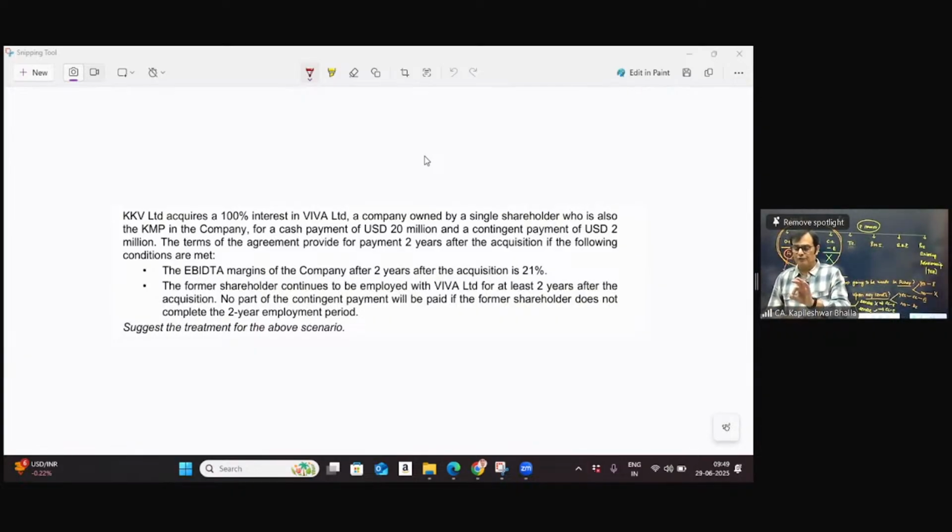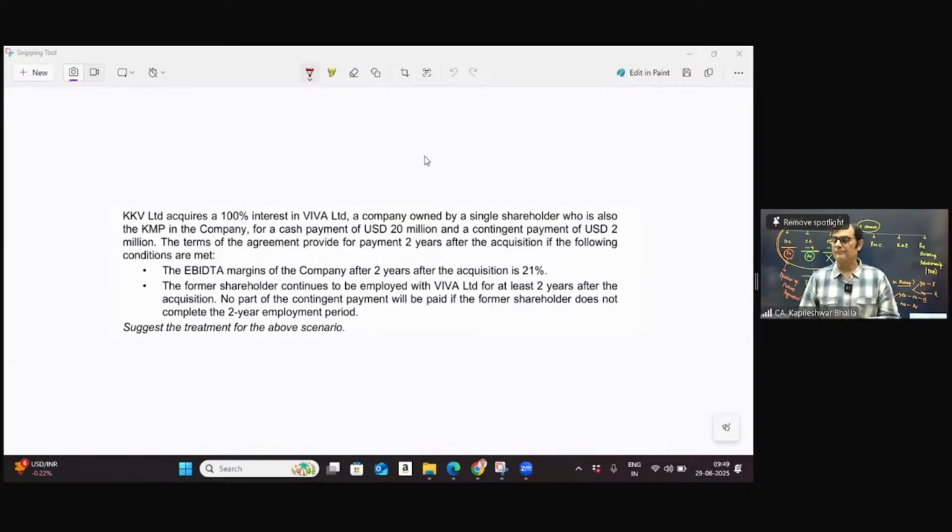Then it says for a cash payment of 20 million and a contingent payment of 2 million. The terms of the agreement provide for a payment after 2 years if the following conditions are met. Is the payment going to be made in the future, the 2 million? Yes, absolutely. So I'm applying the three-step model. So that payment is made in 2 years' time. Is it based on any ifs and buts conditions?